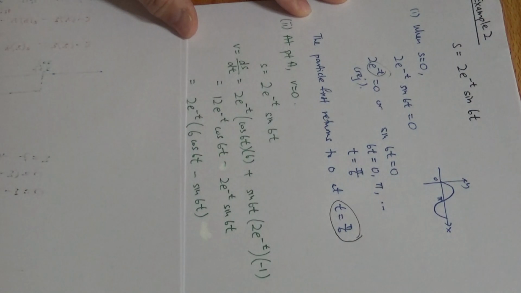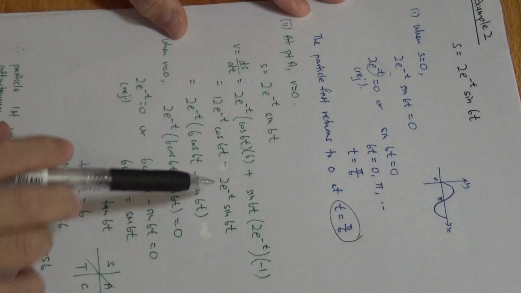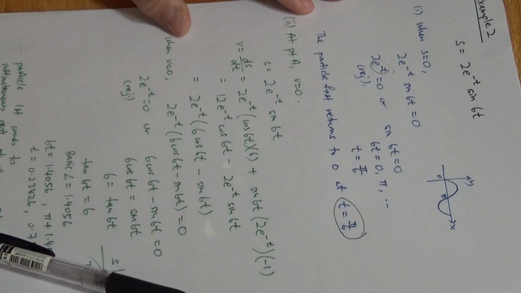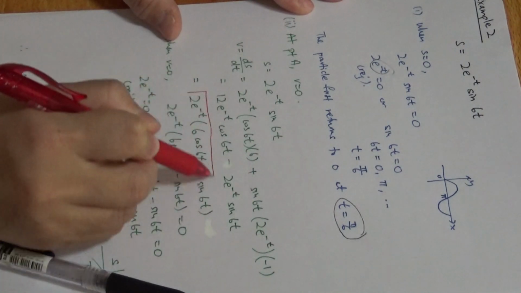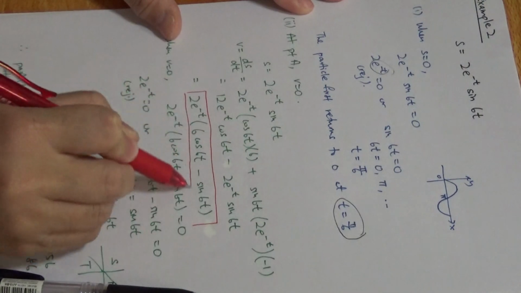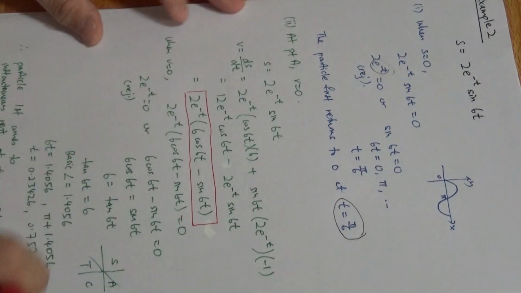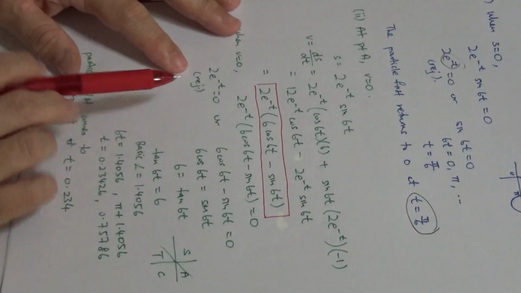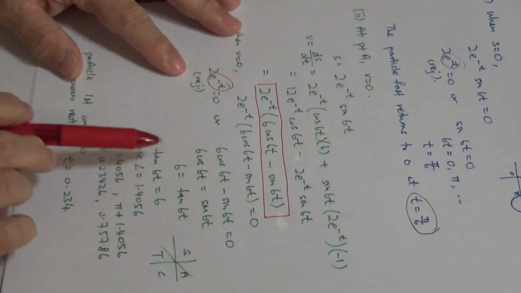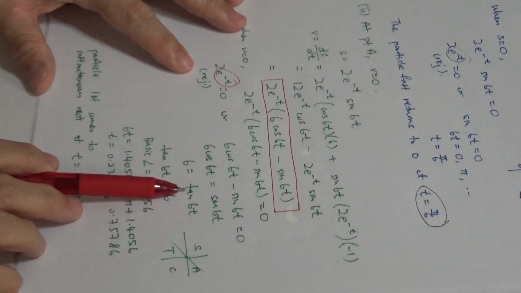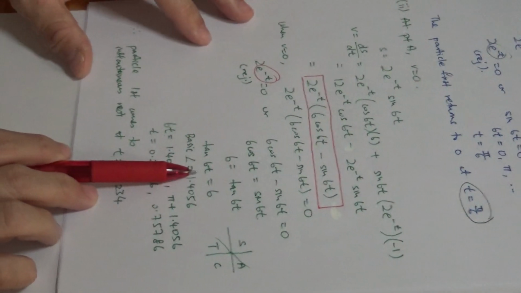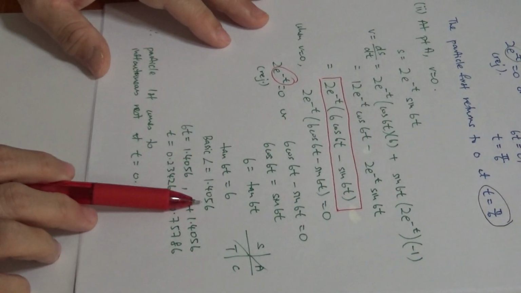I use the product rule to differentiate, and I find this particular expression here. Now, when v is 0, I will equate this to 0. Again, this is rejected because this is always a positive value. I divide both sides by cosine 6t, and I get the basic angle as this.